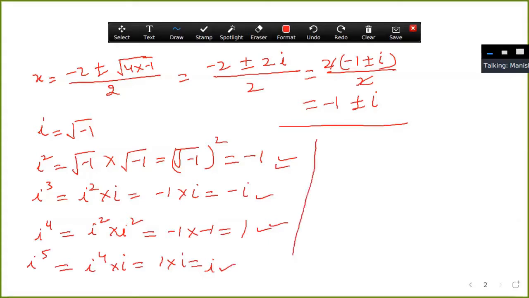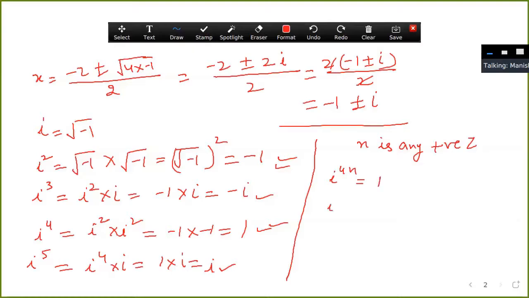So here is a formula which you have to learn to get the values of iota to the power any positive integer. Suppose n is any positive integer. You have to remember one formula: iota to the power 4n, you are always getting value 1.